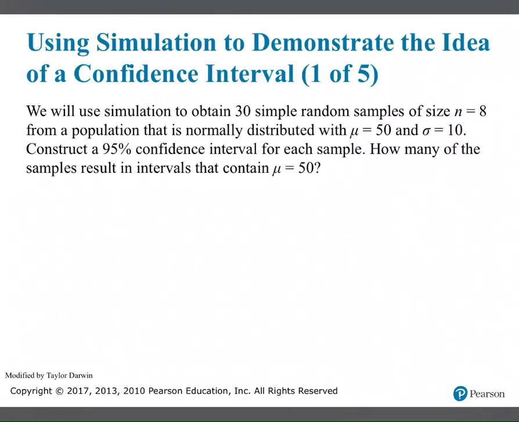So we're not going to actually do a confidence interval first. I'm going to use a simulation to show you kind of what I mean when I say 95% and 90% confidence intervals, or whatever it is that we're using. So we'll use a simulation to obtain 30 simple random samples of size n equals 8 from a population that's normally distributed with a mean of 50 and a standard deviation of 10.